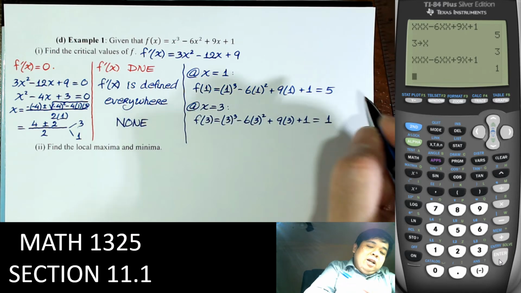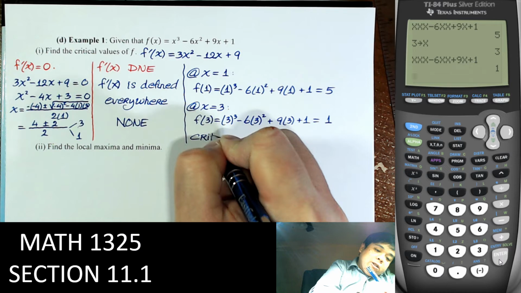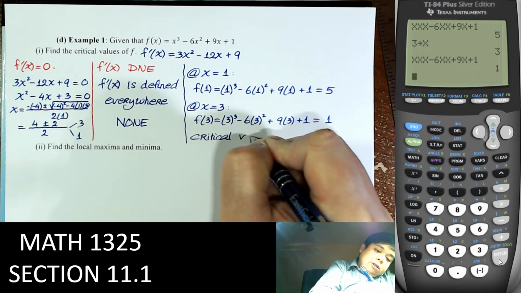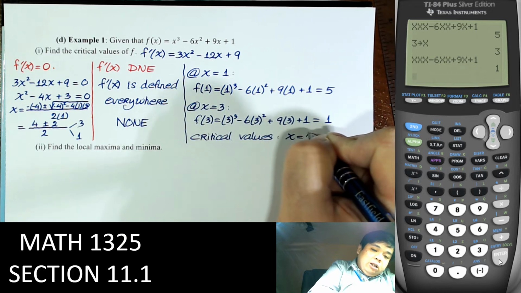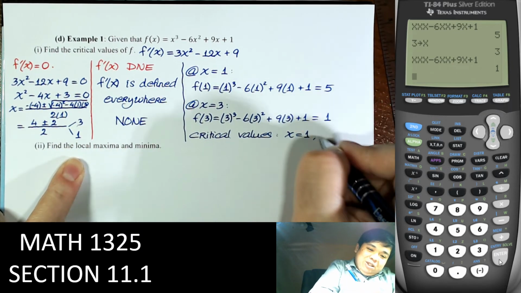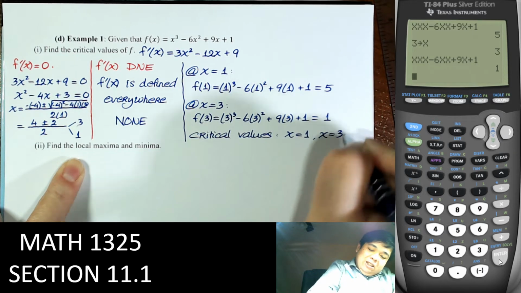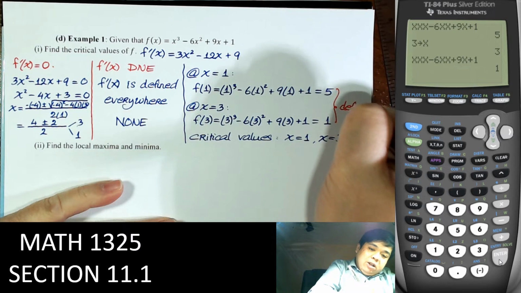Right? So both of them are defined. So we have the critical values, x equal to 1 and x equal to 3. These values, not these values. Just say that these values are defined.